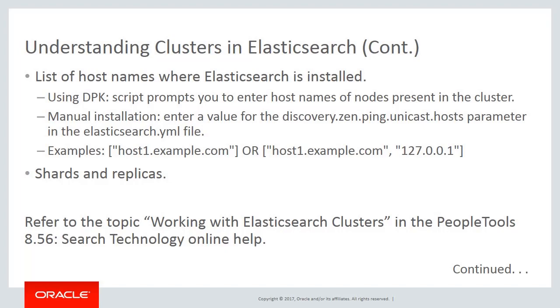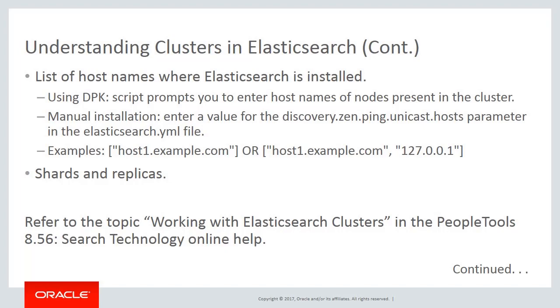When you install Elasticsearch using DPK, the script prompts you to enter the host names of nodes present in the cluster. If you are installing Elasticsearch manually, you need to specify the host names for the discovery.zen.ping.unicast.hosts parameter in the Elasticsearch.yml file.